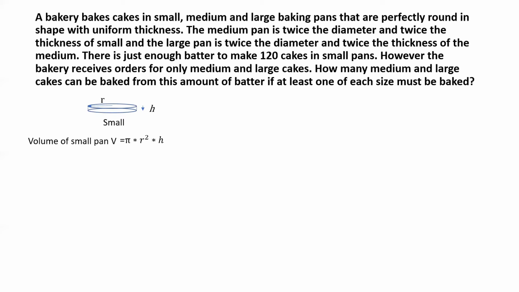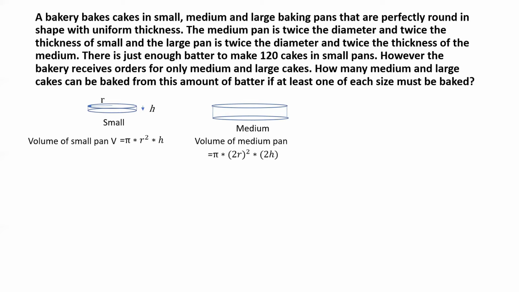Once we do this, we can draw out the medium-sized pan, and this is not perfectly to scale. The medium is twice the diameter, which means twice the radius, and twice the thickness. So the height of this cylinder will be 2h and the radius will be 2r. We can calculate the volume of the medium pan in the same way.